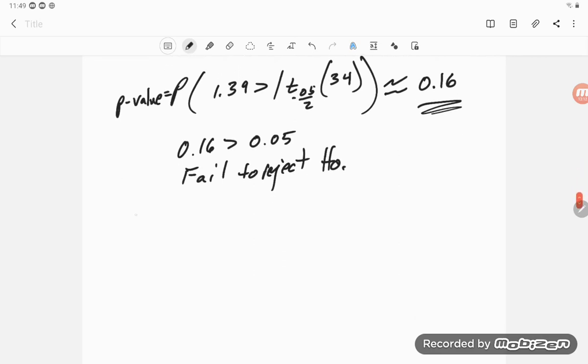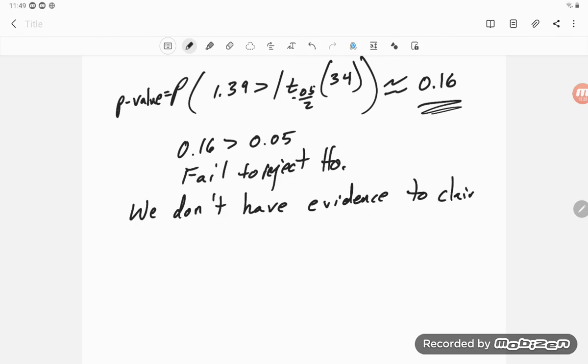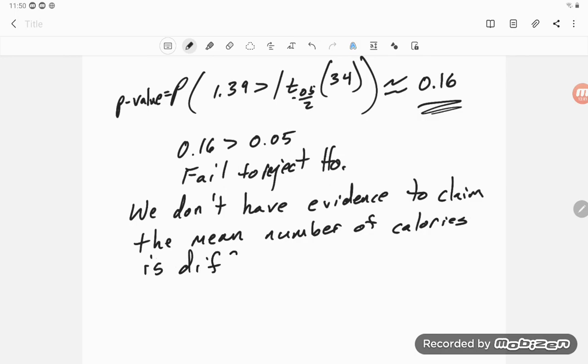Well, it means we don't have evidence to claim the mean number of calories is different from 130. Okay, so we're stuck with it, right?